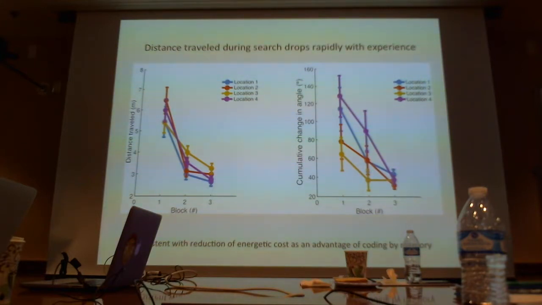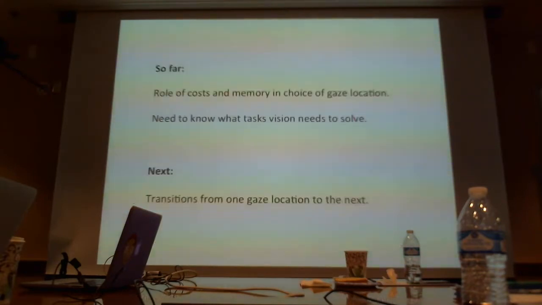But you can see that the integrated movement gets a lot smaller very rapidly. And this says it's really important: you don't like to move your body around if you don't need to. So this is a very big constraint, I think, on natural movements. Okay.